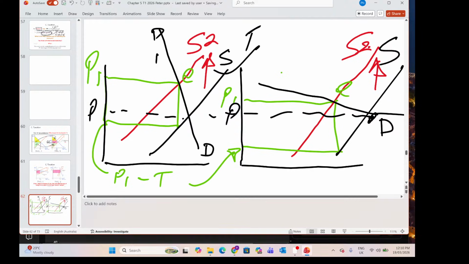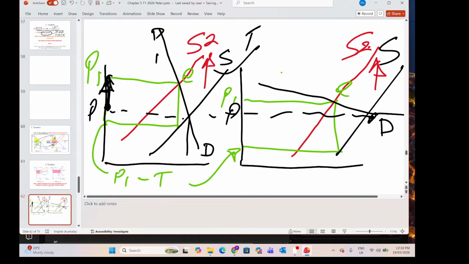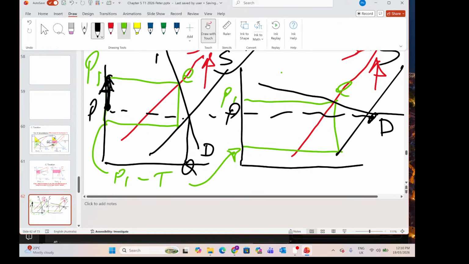And what's going on with this product on the left? First of all, the price rise is bigger. See the price rise? Price rise is bigger. Secondly, what's happening with the quantity in the product on the left? There's the original quantity in the product on the left. Here's the new quantity.